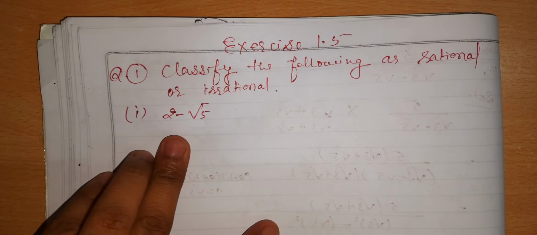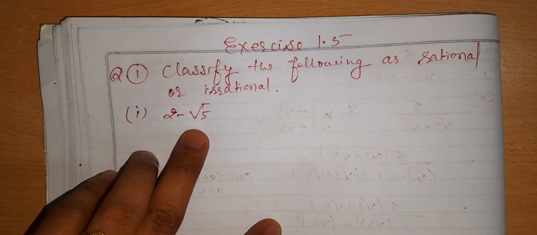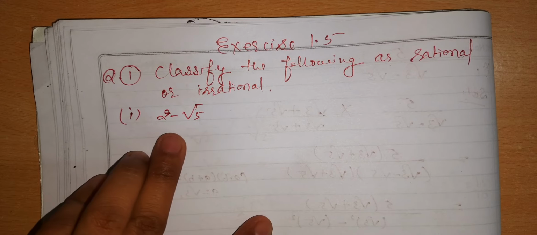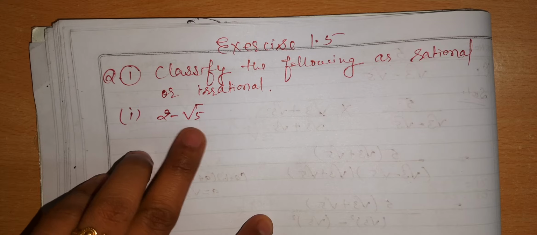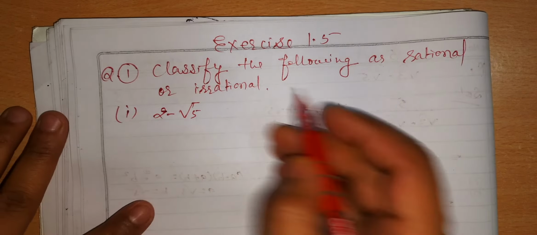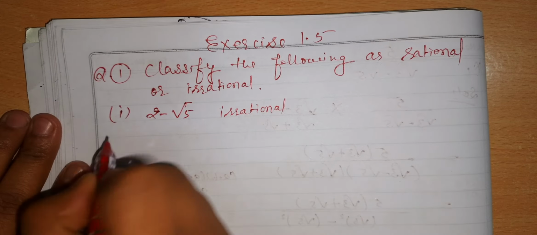As we have already discussed, root 5 is irrational, which means its decimal expansion is non-terminating and non-repeating. If you subtract this number from 2, we can't get an exact answer, so the result will also be non-terminating and non-repeating. So this is an irrational number.